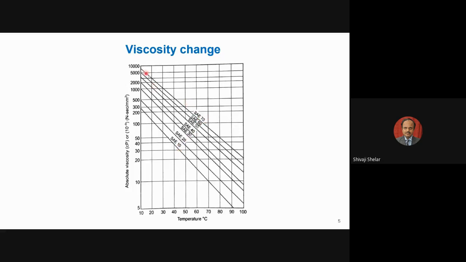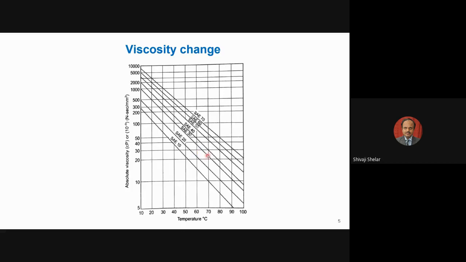SAE 70 oil will have the highest viscosity at a given temperature. Suppose your gearbox is operating at 60 degrees Celsius. If you use SAE 30 oil, the absolute viscosity of that oil will be shown here on the y-axis. If you use SAE 10 oil, the absolute viscosity will be here, that is, small.